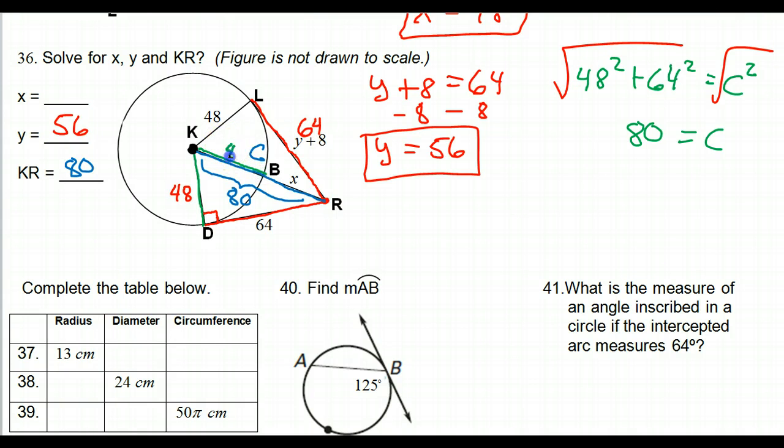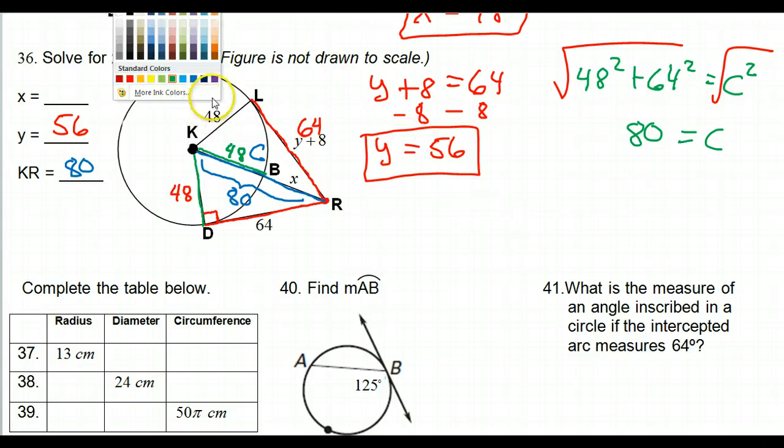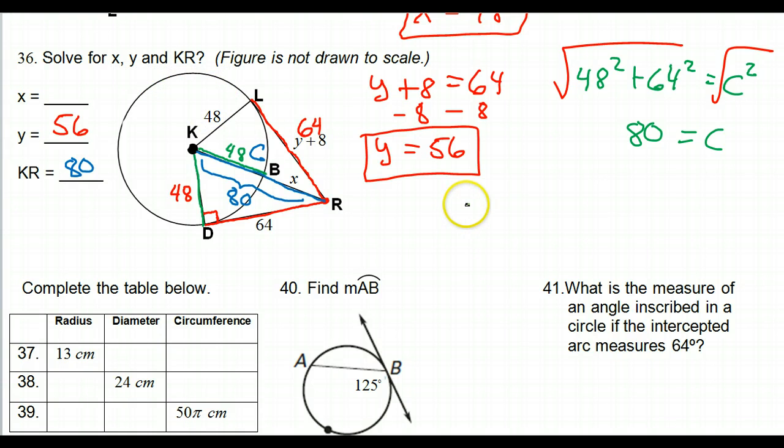So if the whole thing is 80 and this is 48, how do you think I'm going to find x? x should be, if I take that 80, which is the whole thing, and subtract the 48, that should give me x. Because that's what's left. So of course, that's just going to be 32.